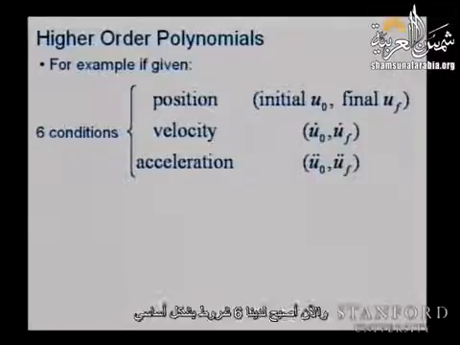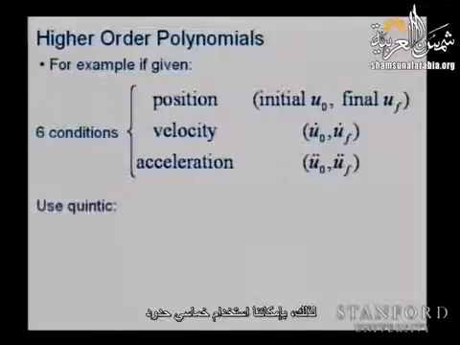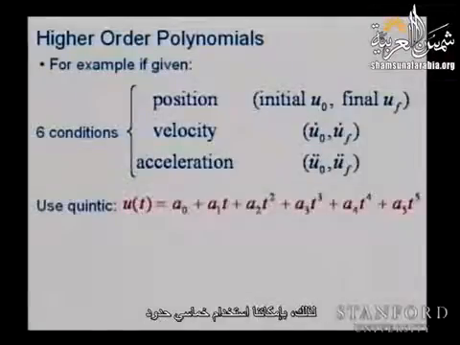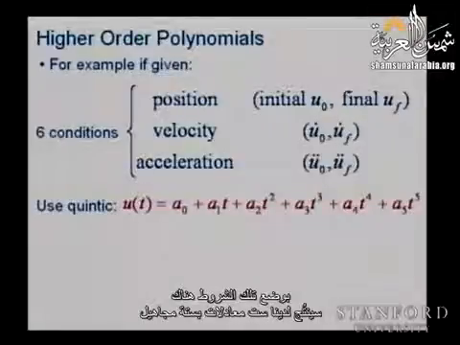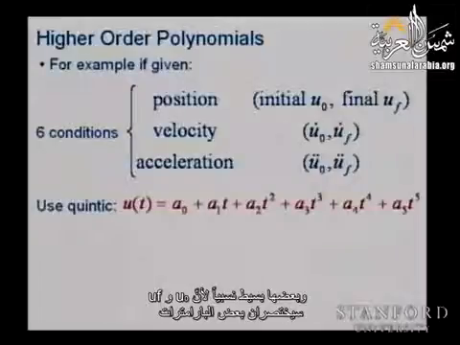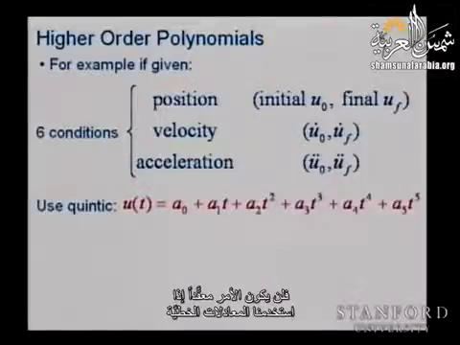Now we have six conditions, so we can use a quintic, a fifth degree polynomial, with six parameters. Plug in those conditions, six equations, six unknowns. Some of them are relatively simple, so it's not going to be that complicated if we use a linear equation for that, okay?